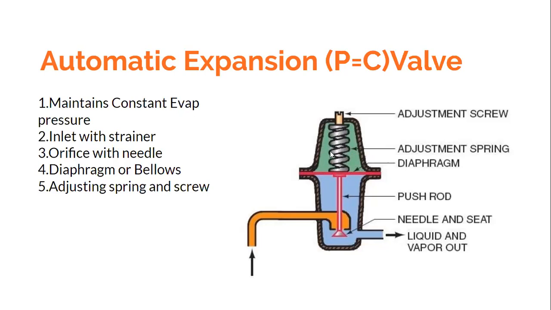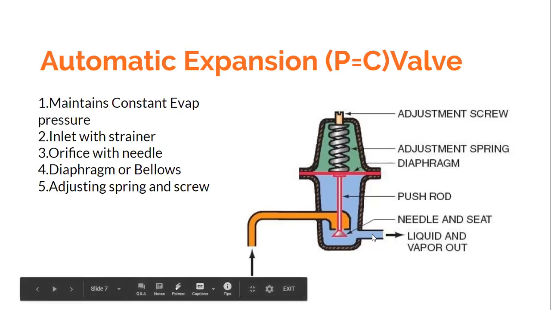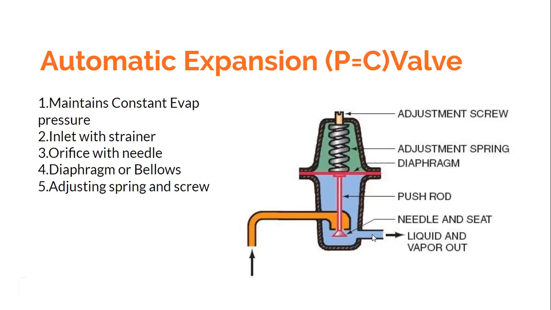So the pressure exerted on the diaphragm from the upward side and the pressure exerted from beneath because of the evaporator pressure has to be understood. This spring and this diaphragm adjust in a way such that the pressure in the evaporator always remains constant.